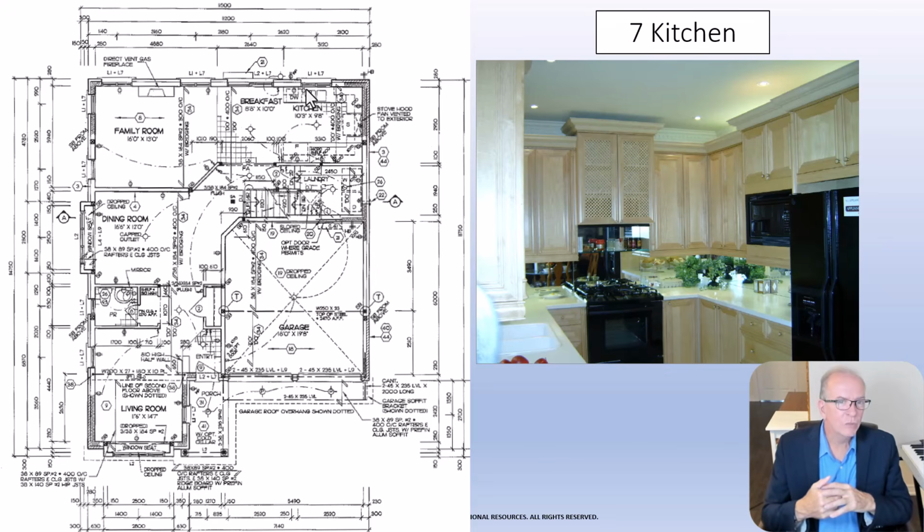If it's a custom home, the person the home is for would go to the kitchen manufacturer, make a whole bunch of selections, and they might deviate from this at the end of the day. So this might not be exactly the way it is at the end of the day. You really have to look at the actual shop drawings from the kitchen manufacturer in case there are any deviations. If there are, that could obviously affect your electrical layouts, things like that. So you want to make sure that's all in proper alignment.